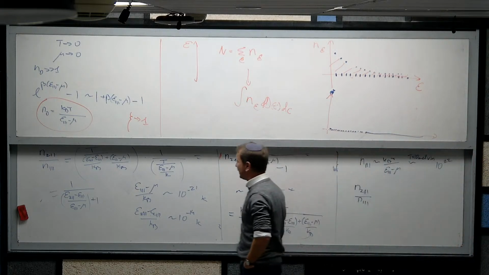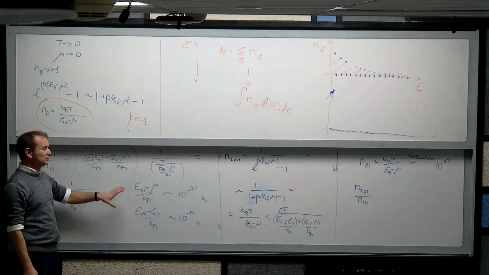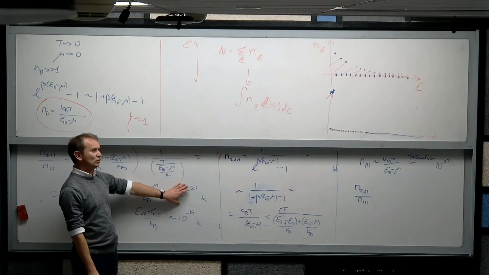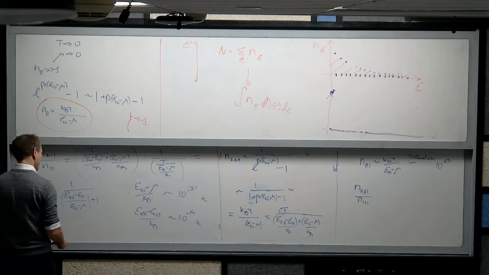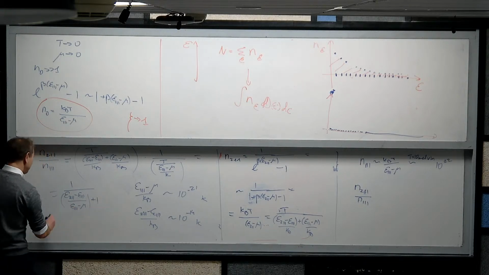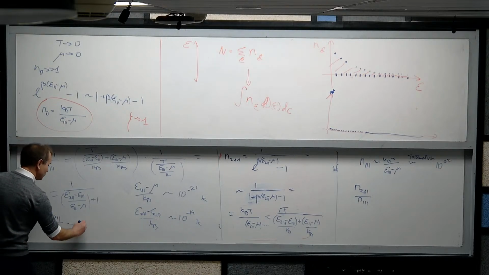So you're right, I don't know what exactly mu is, but I know that the number of particles at the lowest level is of the order of 10 to the minus 21. So when I plug all these numbers, I get that n211 divided by n111 is 10 to the minus 7.